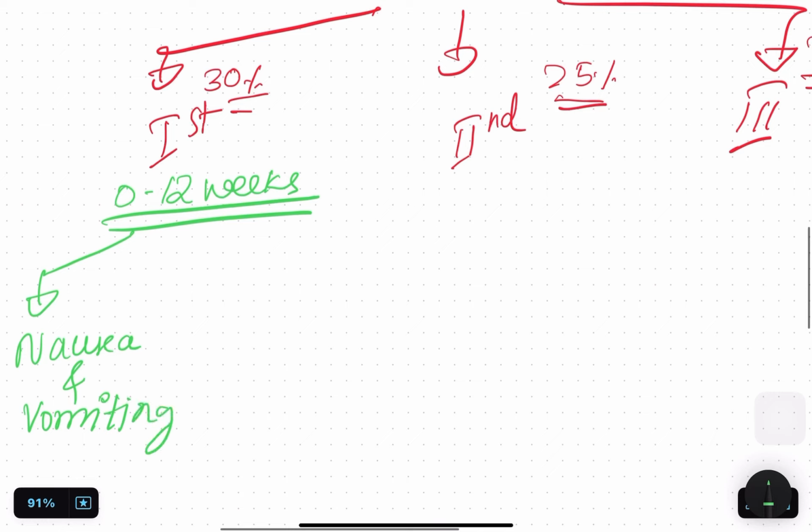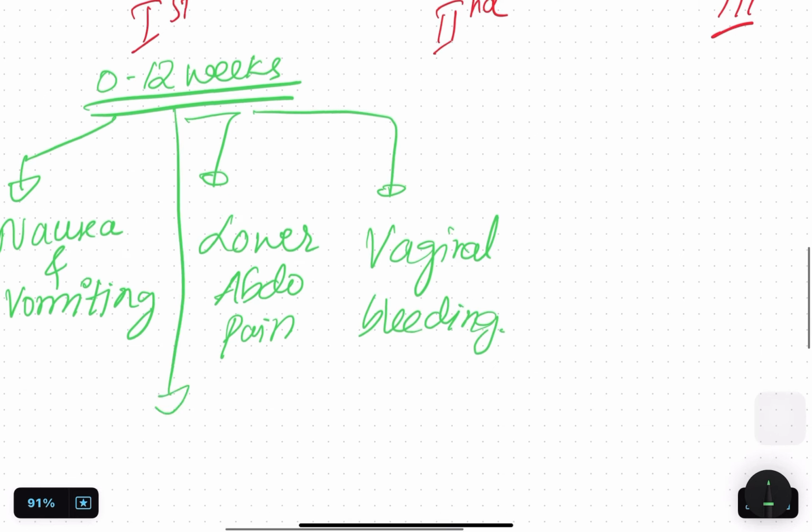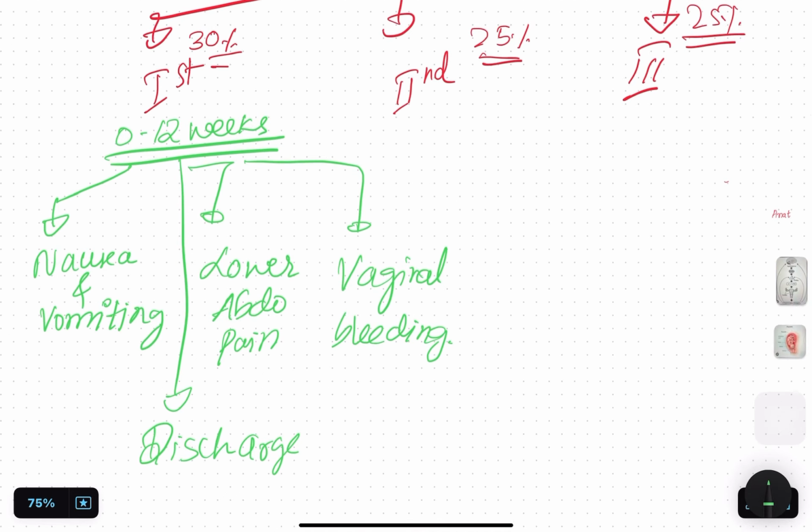Next, she might come up with lower abdominal pain. Then she might have complications. She might come up with vaginal bleeding. Then she might also come with discharge. So you should know what is physiological and what is pathological even in these cases. These are the basic chief complaints of first trimester.